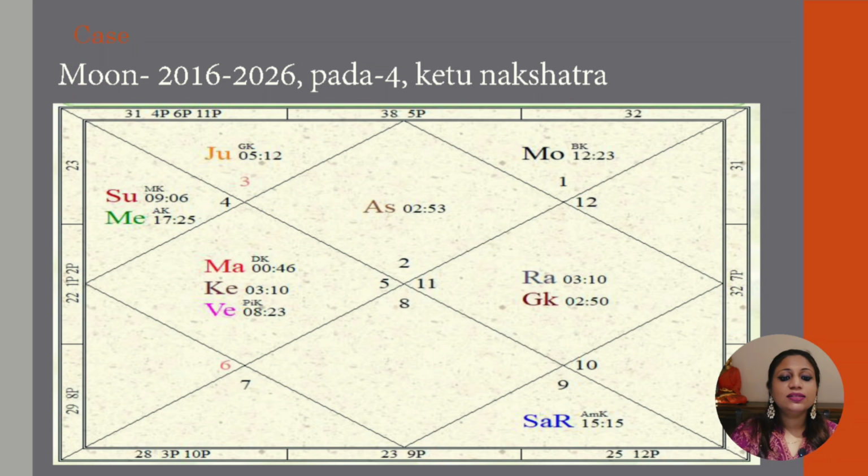And if we see the static promise, the fourth house has two malefics, and the Moon, significator of the fourth, has no positive energy around it. The trine relationship of the Moon also has three malefics, that is Saturn, Mars, and Ketu. That became the prominent reason for getting this disease, activated in Moon's time period.